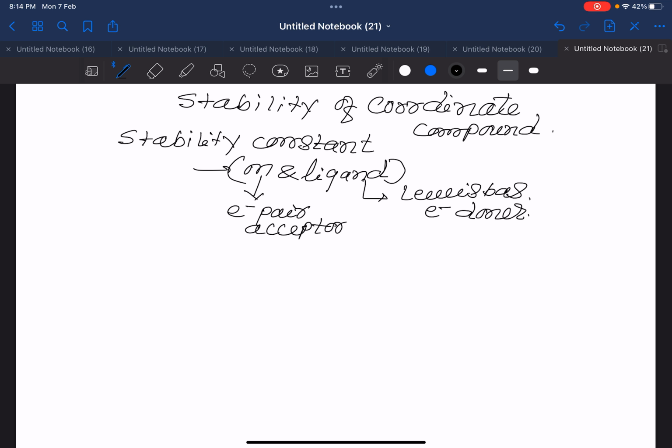The metal-ligand interaction can be realized as the Lewis acid and Lewis base interaction. Stronger interaction, greater is the stability.